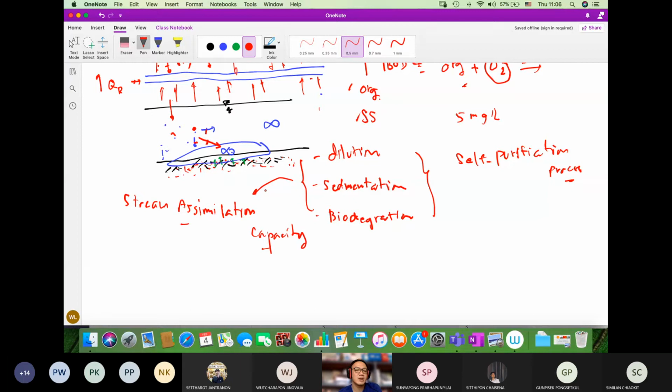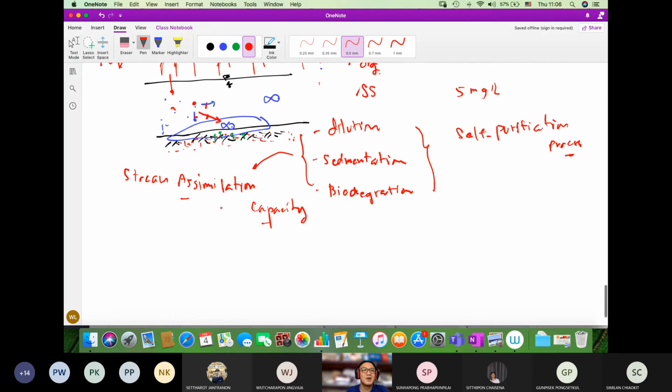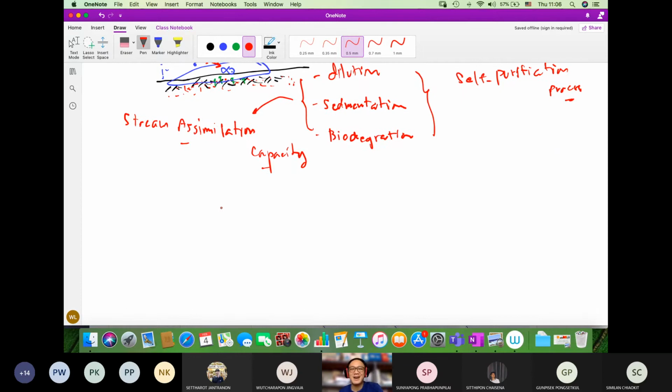So stream assimilation capacity has a close relation with this self-purification process. So the second approach actually looks at the stream assimilation capacities when they set up the standard.